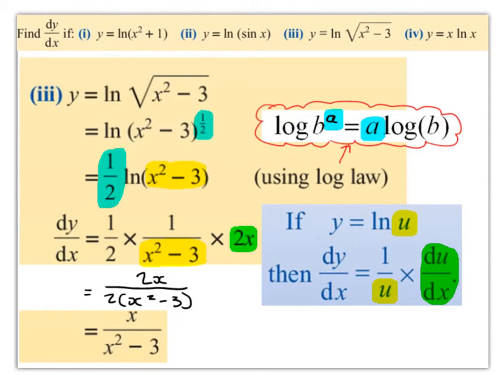So then we just multiply. 2x is really 2x over 1. So we do top by top by top, so 1 by 1 by 2x is 2x. And then bottom by bottom by bottom, so 2 times x squared minus 3 times 1 is 2 times x squared minus 3. And then we simplify. We can cancel out the 2 on the top and the 2 on the bottom, and we're left with x over x squared minus 3.